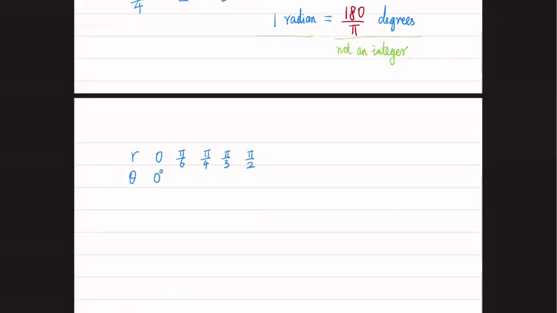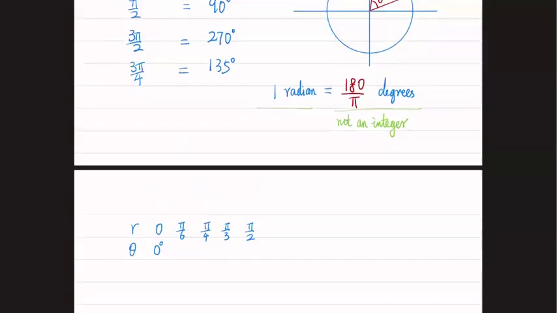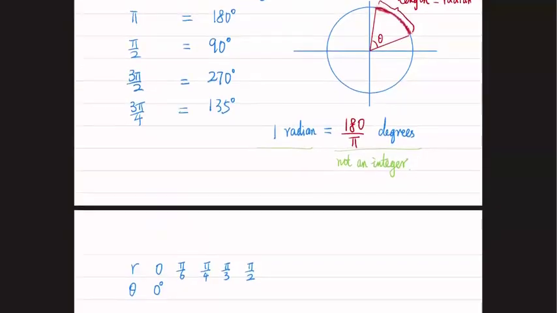Okay, Aaron, pi over 6. Let me think. 60 degrees? How do you get a 60? Wait, no. Forget it. 30 degrees, I think.